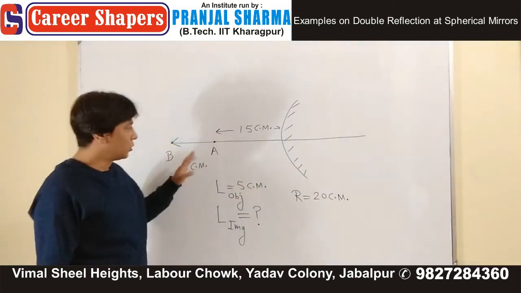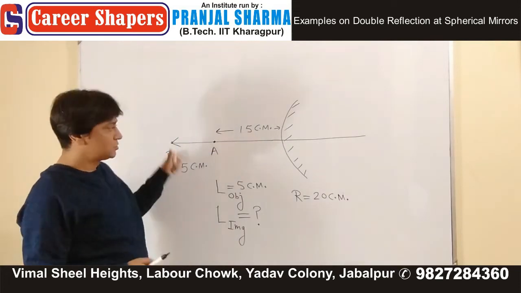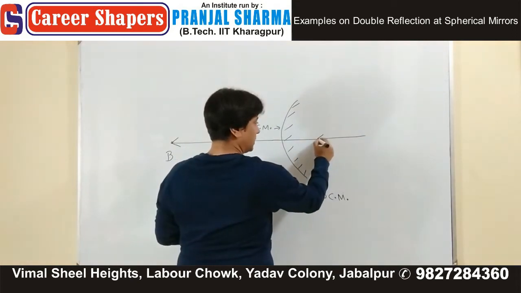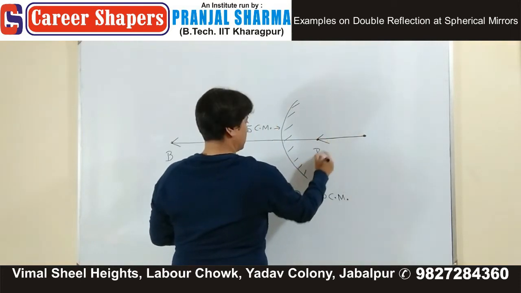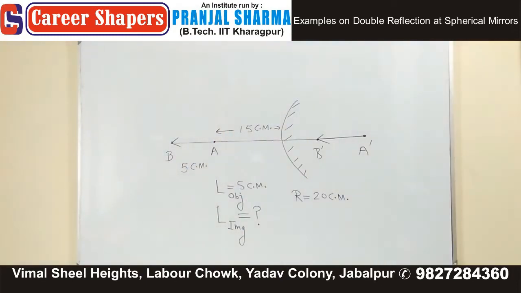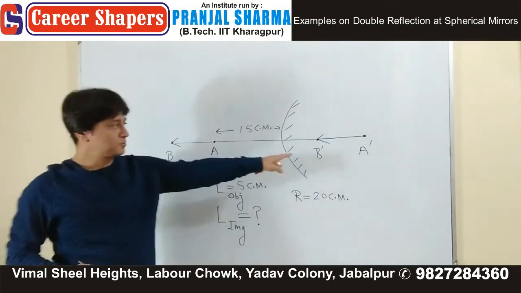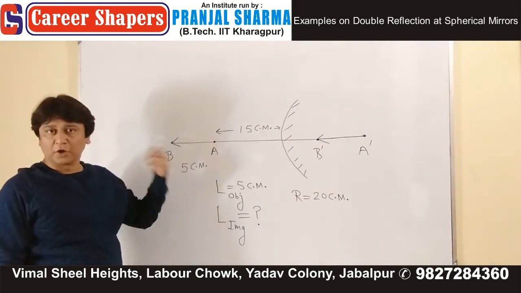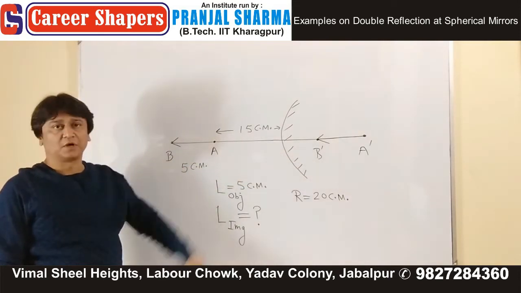So when you're looking at an object in this convex mirror, this is the object, and if its image forms like this, A dash B dash, then I think you can answer that something like this you never observed.